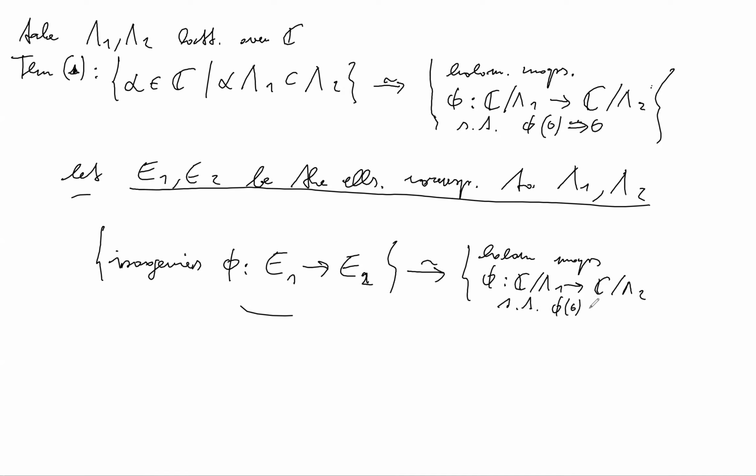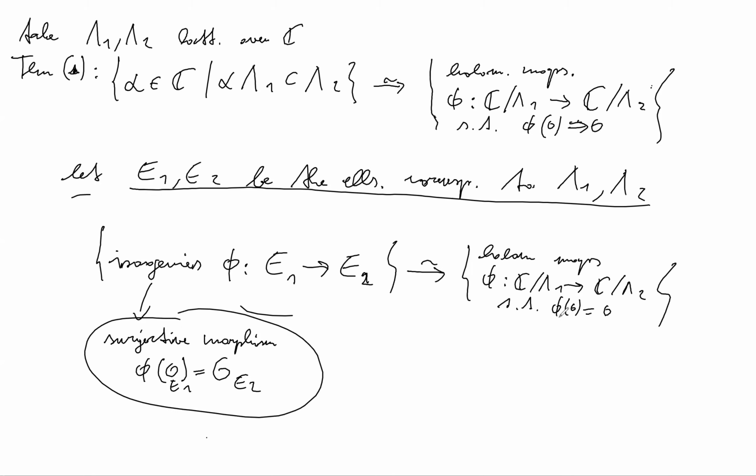Okay, and really an isogeny, all you should think of algebraically, is a surjective morphism which sends 0, or the origin, to the origin. Okay, and this is the algebraic definition, and this here is an analytic definition.